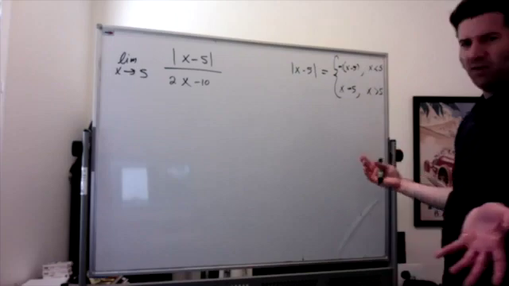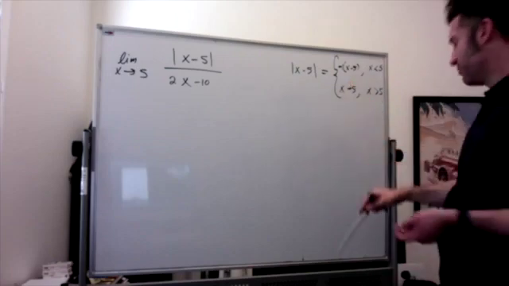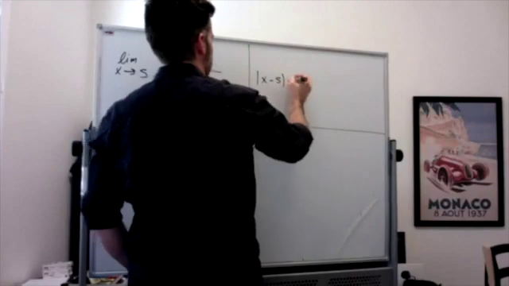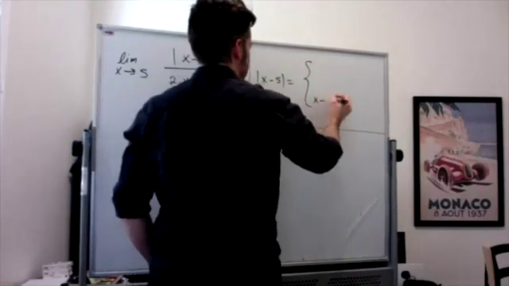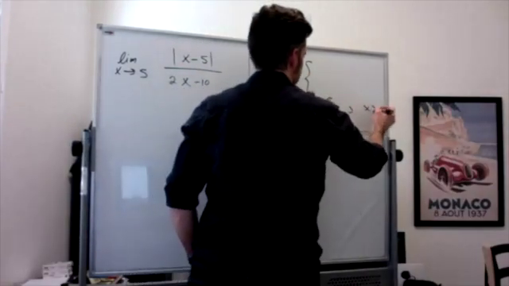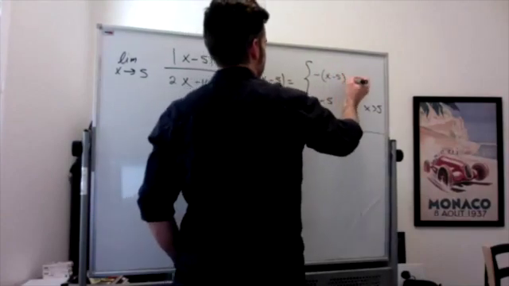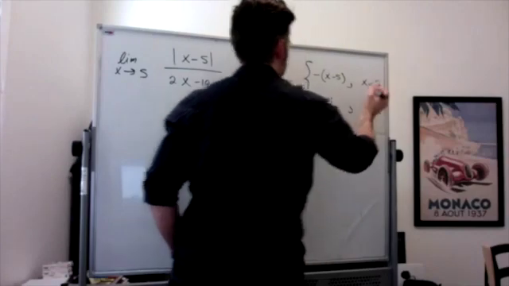Hopefully you guys can read this all right. Let me try writing it one more time. So the absolute value of x minus 5 is equal to x minus 5 if x is bigger than 5, and is equal to the negative of x minus 5 if x is less than 5.